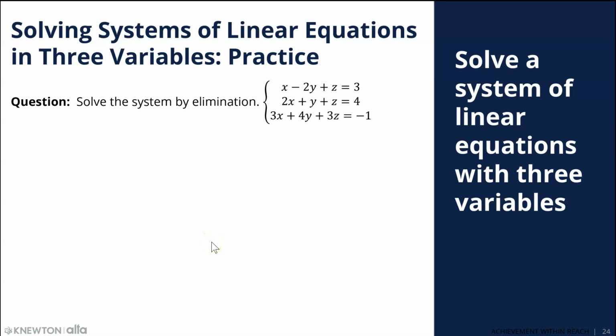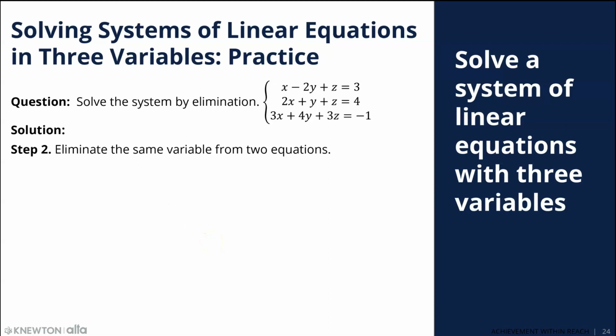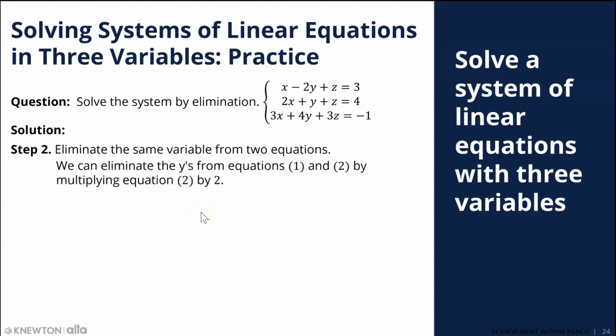Step 2 is to pick which variable to eliminate from two equations. For instance, we can eliminate y from equations 1 and 2. Now, if you eliminate y here, notice that you would need to have a 2 here before you can eliminate y. So you can do that by multiplying equation 2 by 2.